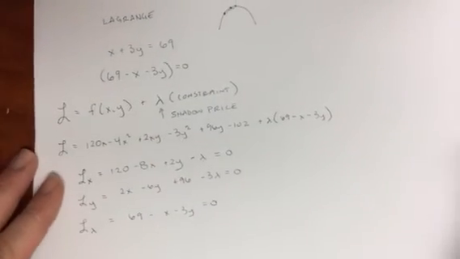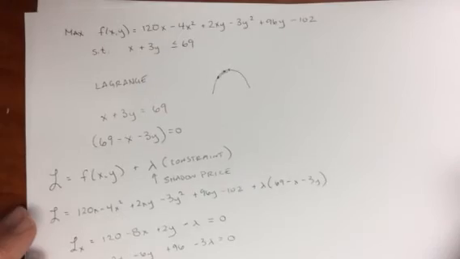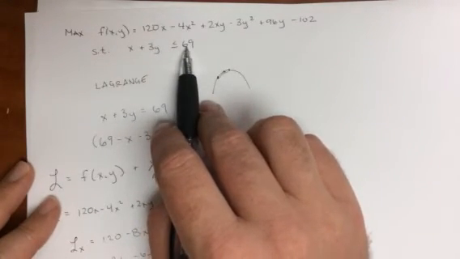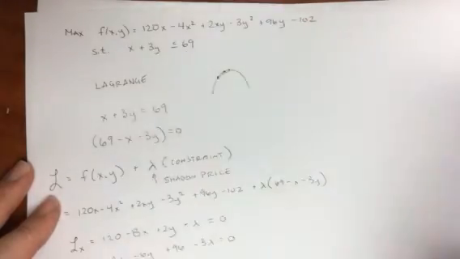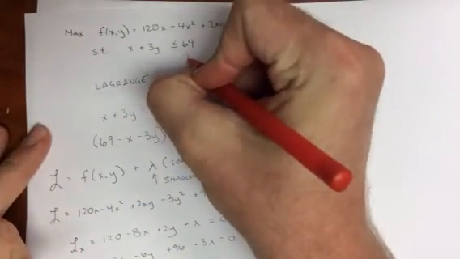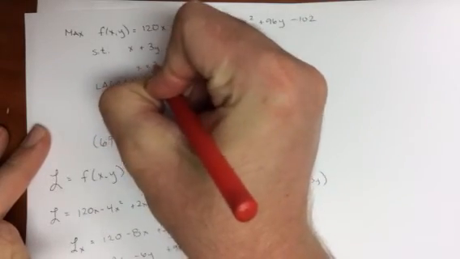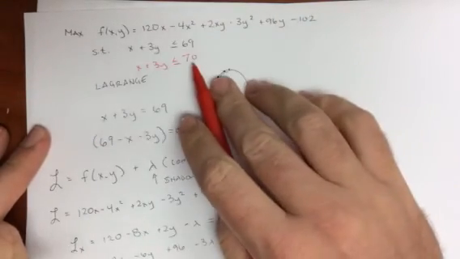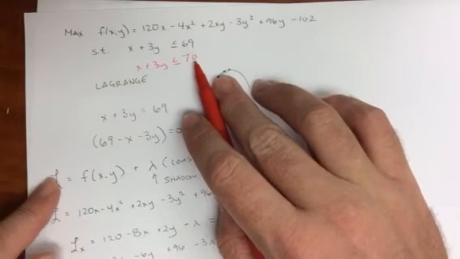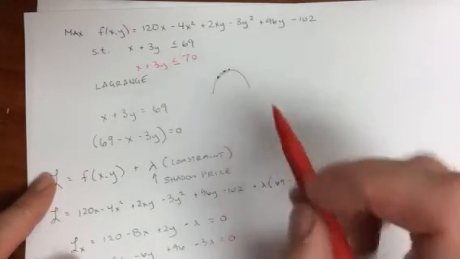And what that means is, let's look at our example here, our machines can produce only 69 units. Well, the question is, what if we were to make this number, let's change colors a little bit to show that we're changing things. What if we were to make the constraint x plus 3y is less than or equal to 70? If we were to change our constraint by just a little, what would happen to our profits?